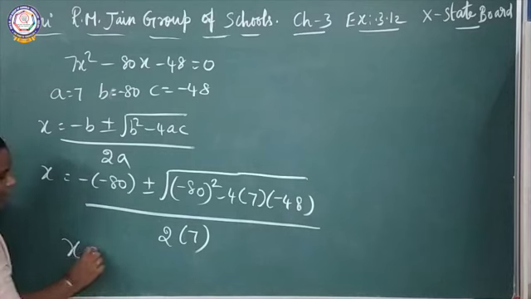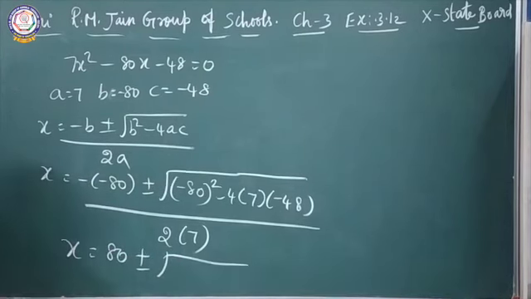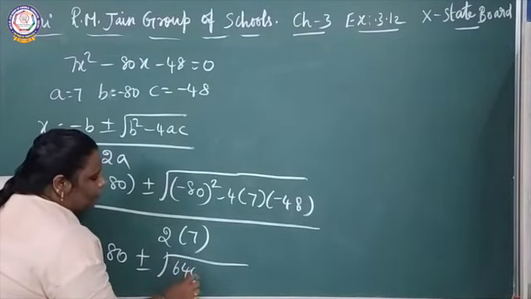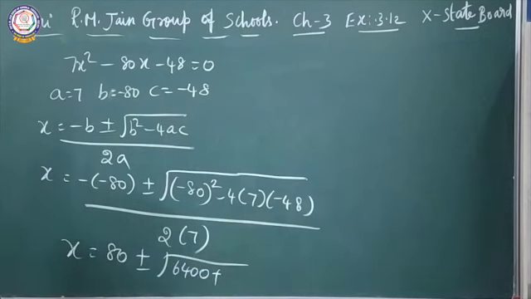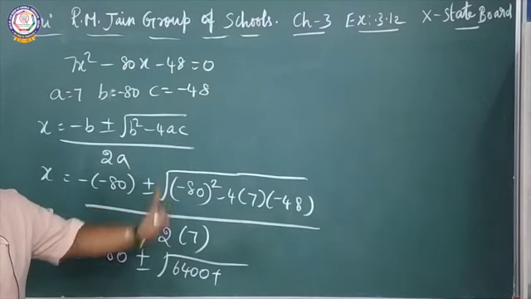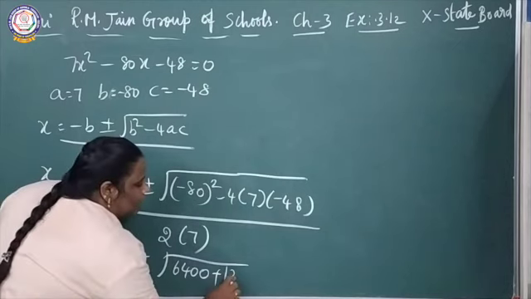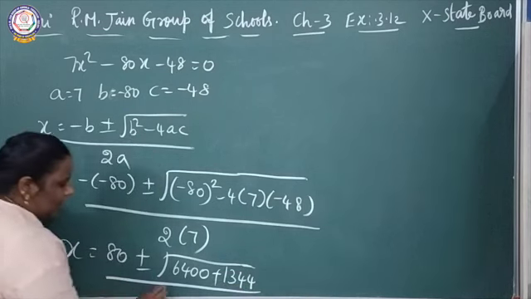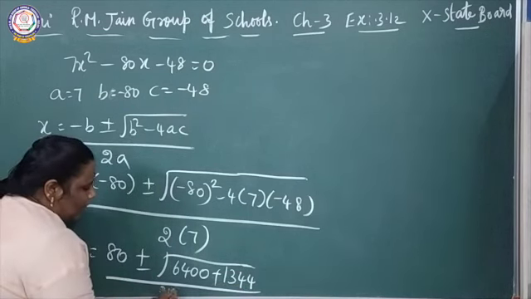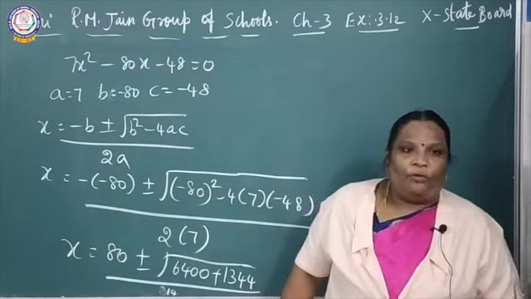So, x equal to 80 plus or minus root of 6400, minus into minus becomes plus, 7 4s are 28, 28 into 48 is 1344. You check the answer in your calculator. By 14.